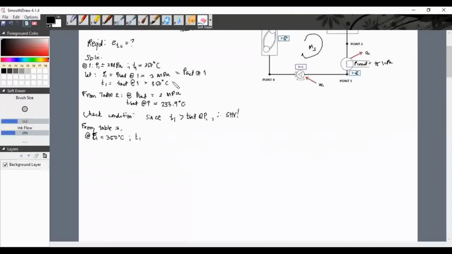So at P1 of 3 megapascals and T1, which is 350 degrees Celsius.